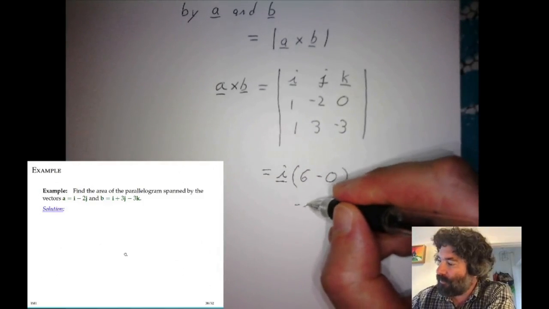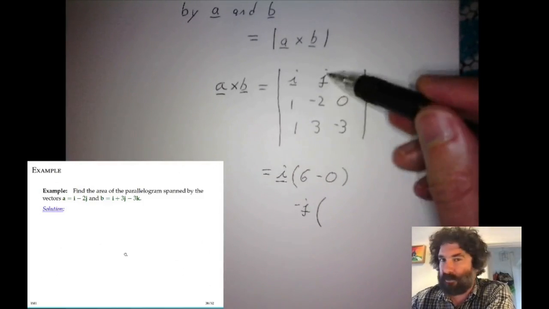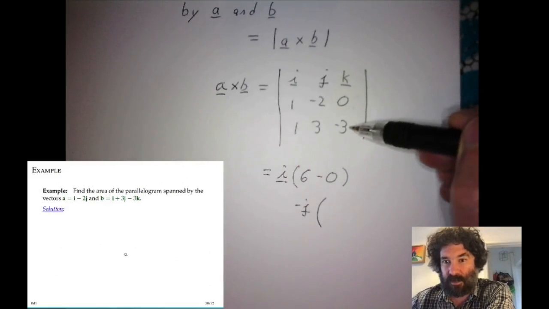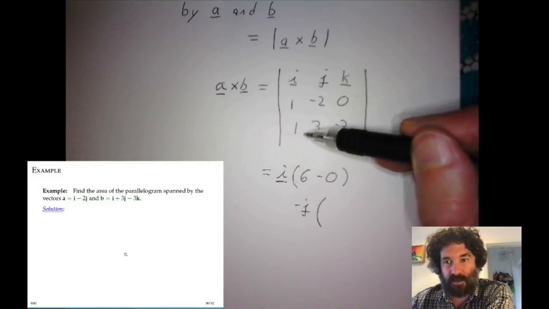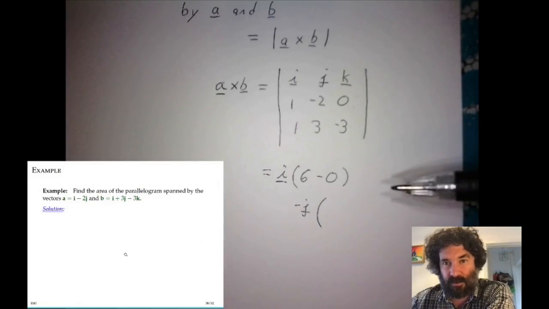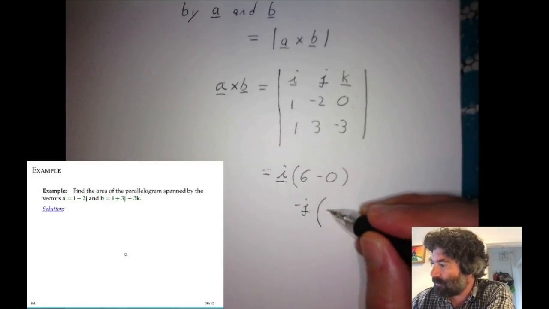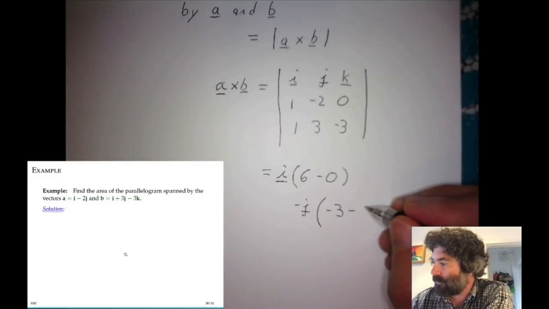And when we do j, we want a minus sign. And we delete the middle column, and take the matrix formed by the first and third columns. And so the determinant there is 1 times -3, that's -3, minus 1 times 0, which is 0.